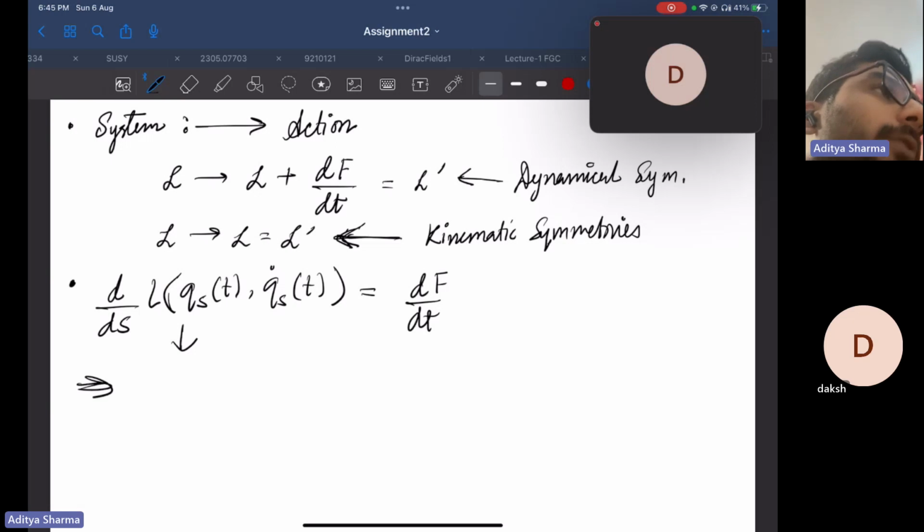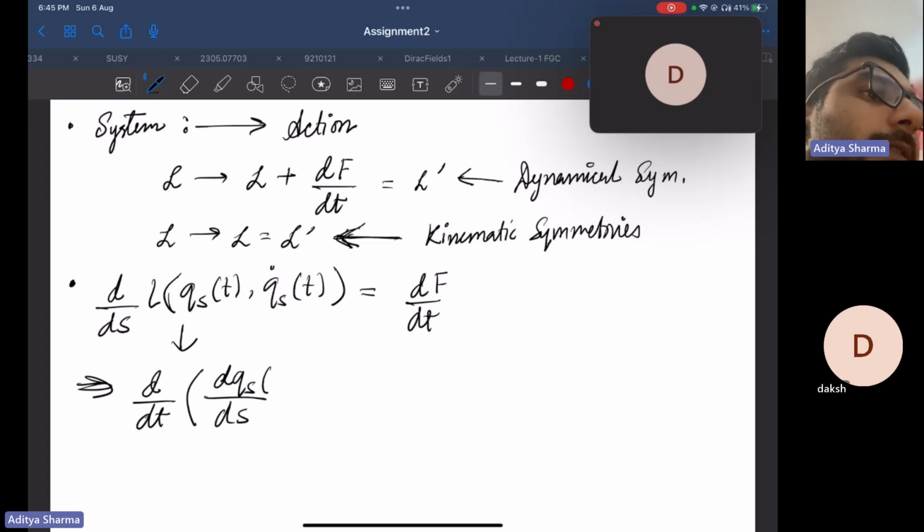After performing the chain rule and using the equation of motion, we get this term, d/dt is equal to dq/ds. You remember this?